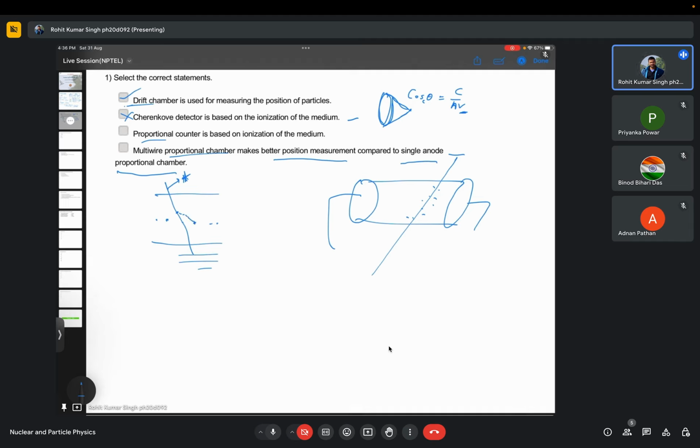Okay, so then you have the T naught. Suppose this is the T naught at which it knocks out an electron, and then the electron goes to the anode, and you note the time T. So you know the time which it took to travel this medium, and also you can calculate the drift velocity, which depends only on the constant electric field, right?